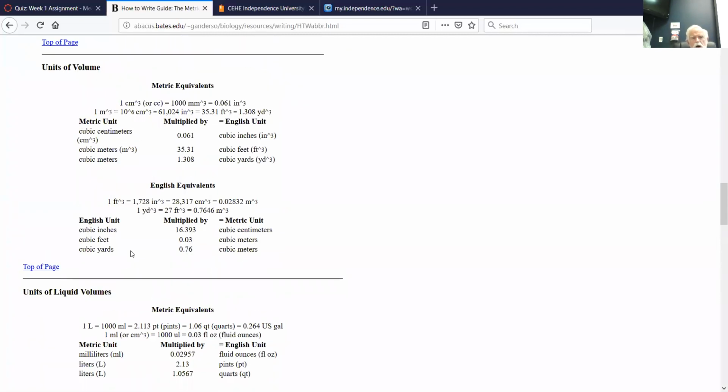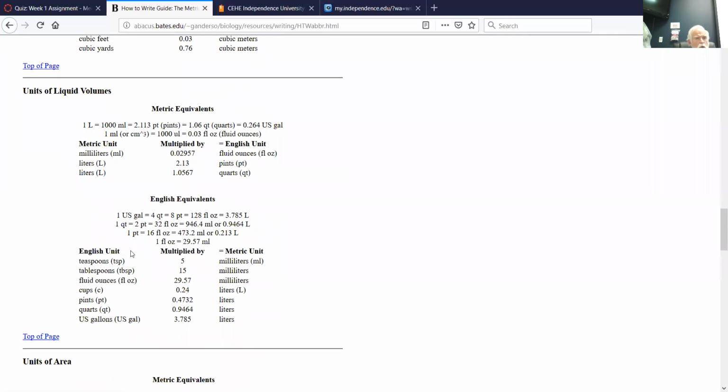Now, a milliliter of water, technically pure water at 4 degrees centigrade, but for all intents and purposes, a milliliter or cubic centimeter of water will weigh 1 gram, or about 1/30 of an ounce.